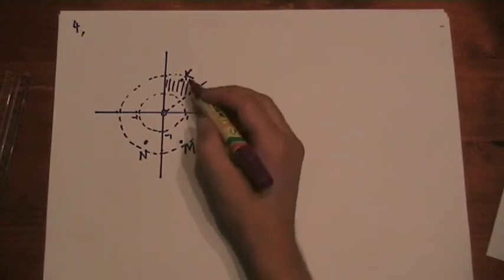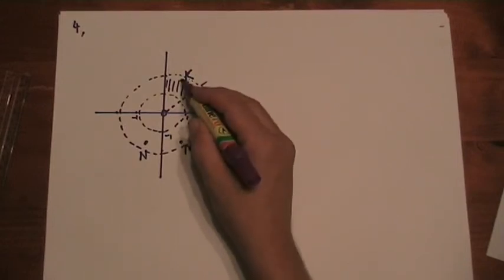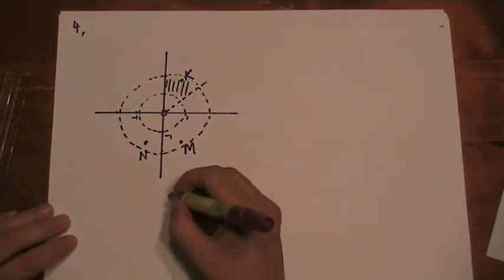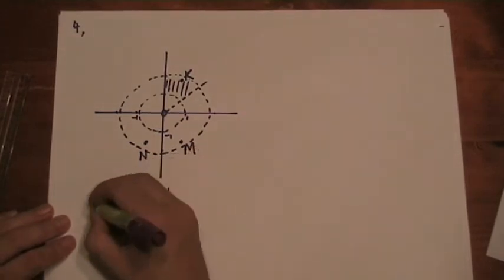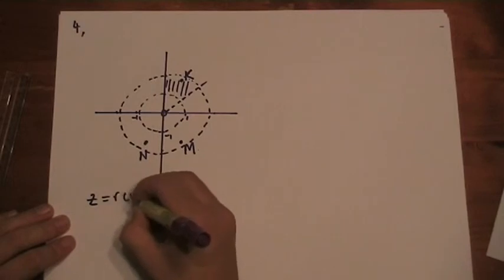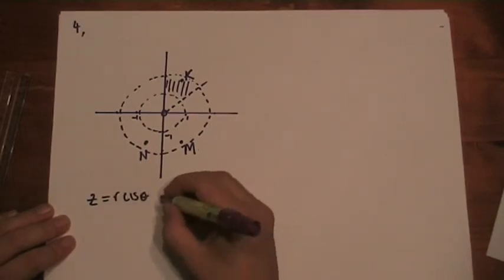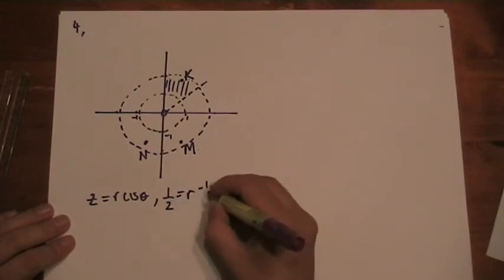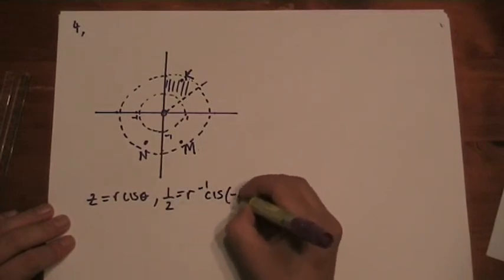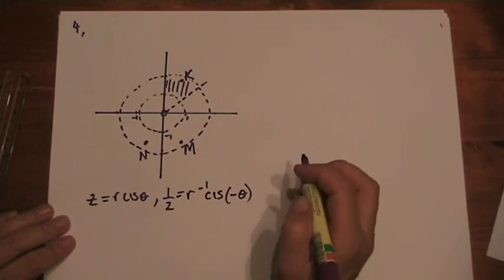Then 1 over Z, where K represents Z. If Z is equal to r cis theta, then 1 over Z is equal to r to the negative 1 cis of negative theta, by de Moivre's theorem.